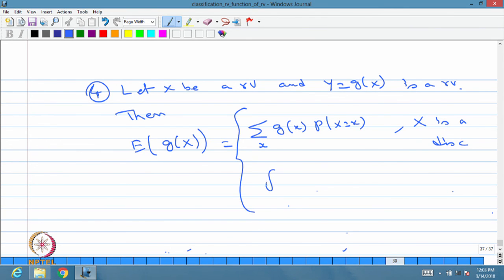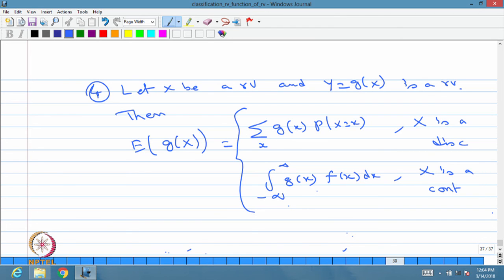If x is a continuous type random variable, it is the integral from minus infinity to infinity of g of x f of x dx. This can be proved provided the expectation exists. Provided the expectation exists, you can find the expectation of g of x with the summation if it is a discrete type, and with the integration if it is a continuous type.